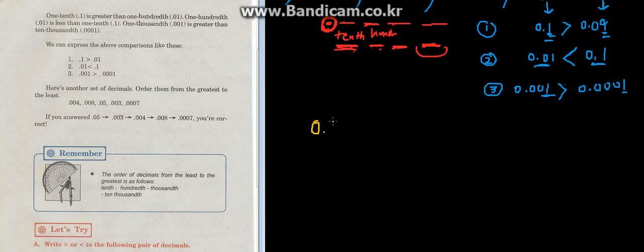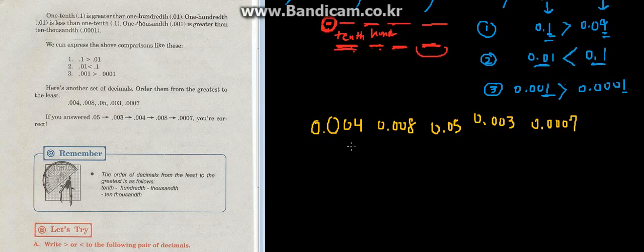Okay, so we have 4/1,000, 8/1,000, 5/100, 3/1,000, and 7/10,000.